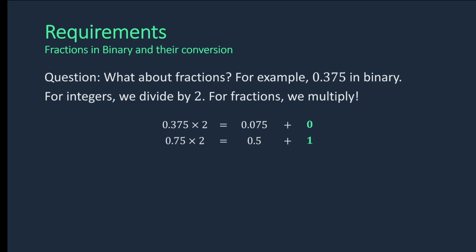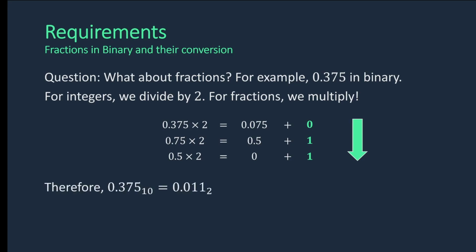So our remainder is 1, and then next step we're going to multiply half by 2, and we get 0 plus another 1. This is the point that we terminate this algorithm, and we're going to put the bits from top to bottom. So number 0.375 in base 10 corresponds to number 0.011 in base 2.